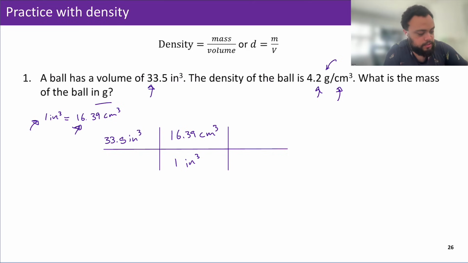Now, this 4.2 grams per cubic centimeter is basically the same as saying 4.2 grams equals 1 cubic centimeter. That's because it's per cubic centimeter, meaning for each cubic centimeter that you have, you will have something that weighs 4.2 grams.